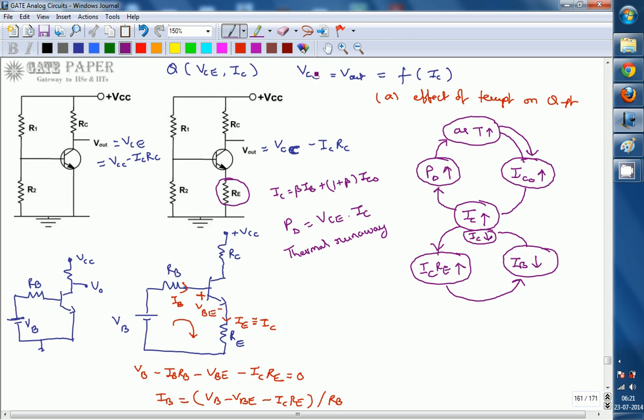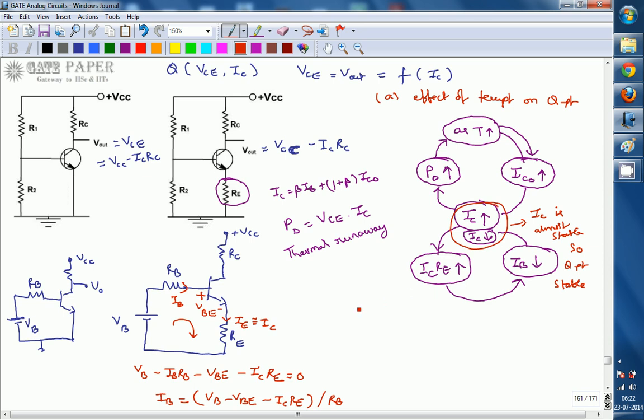So we can say stabilization takes place, and from these two things IC is almost stable. Whenever IC is stable, VC is stable, so the Q point is stable against variations in temperature.